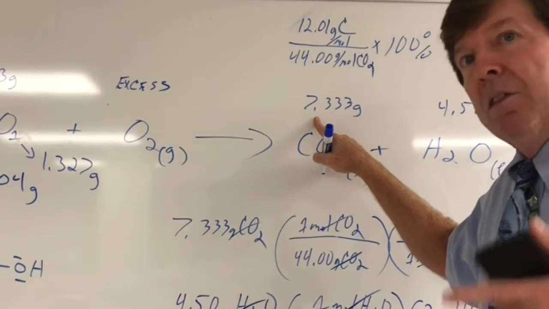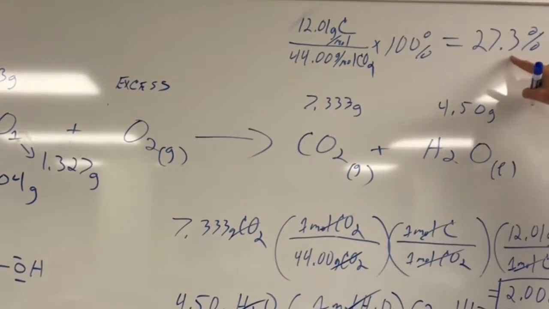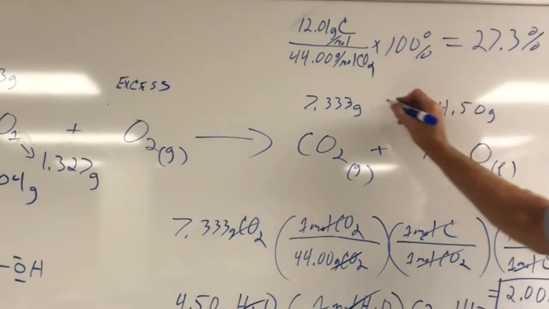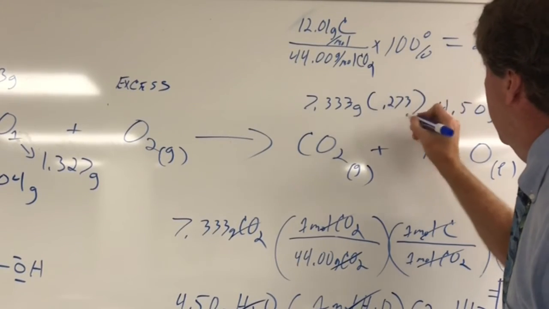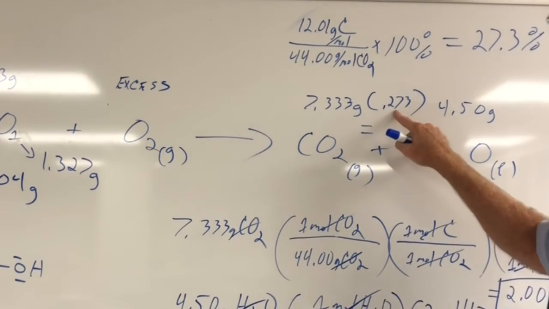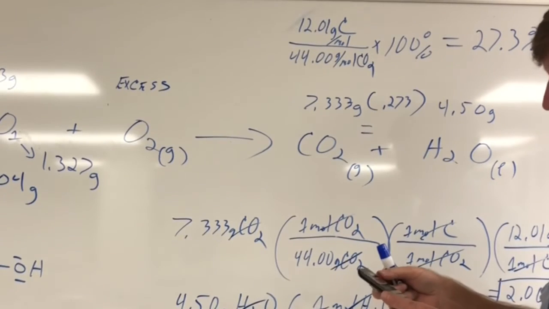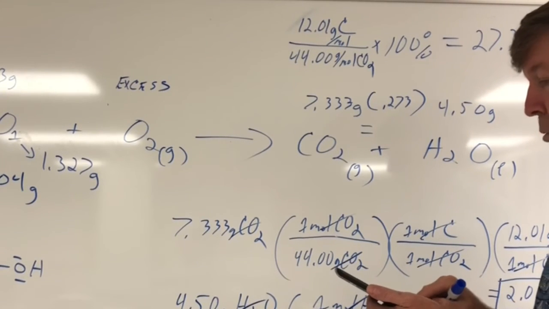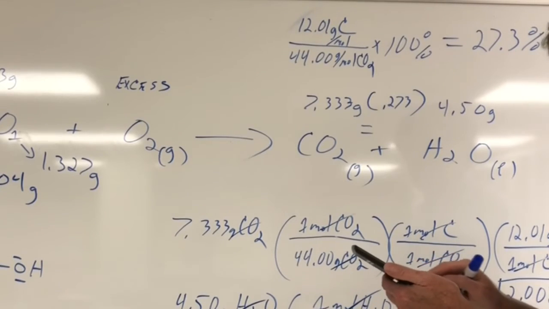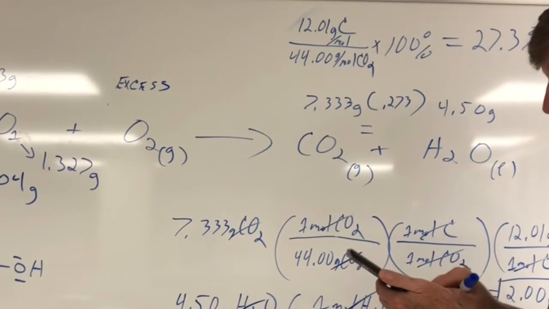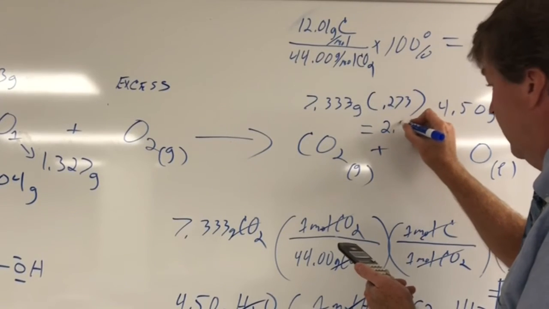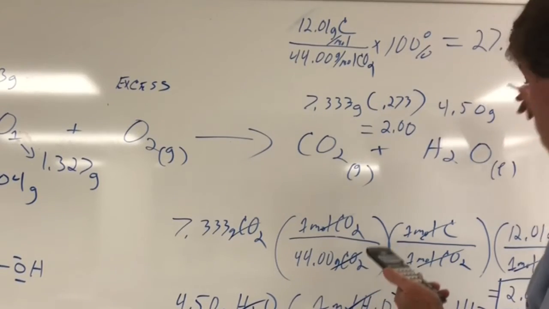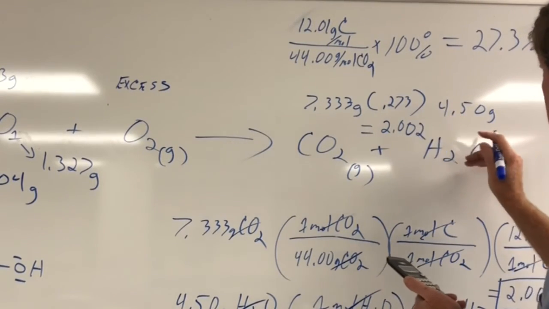Well, all I need to do is figure out what 27.3% of 7.333 is. Let's just take that number, divide it by 100 so we get rid of the percentage, and then we have a decimal, so we have 0.273, and let's times that out, 0.273 times that value, 7.333, and I come out with an answer here of 2.00, and that is 2.002.